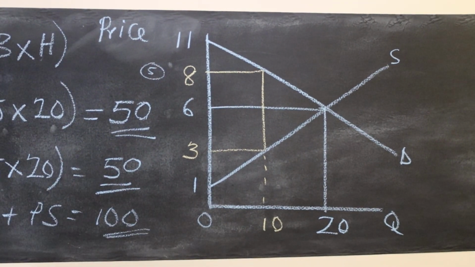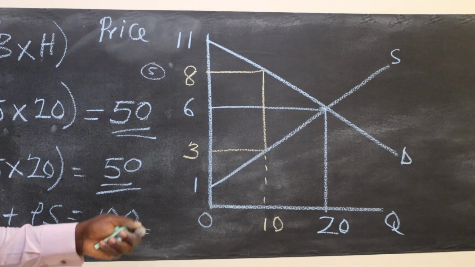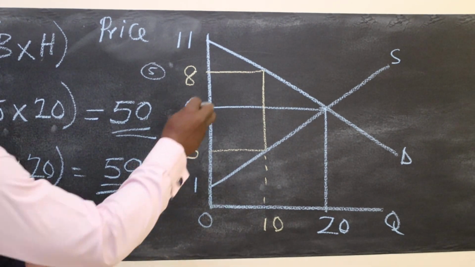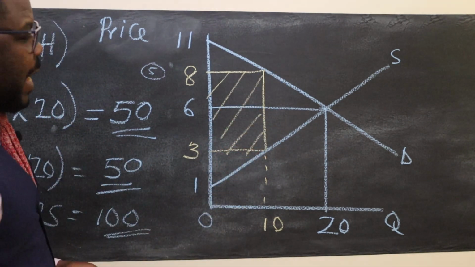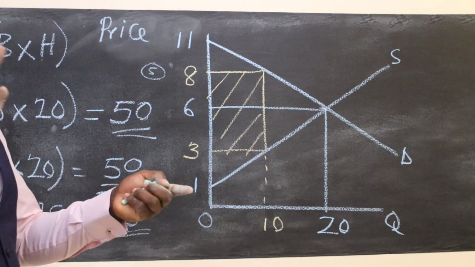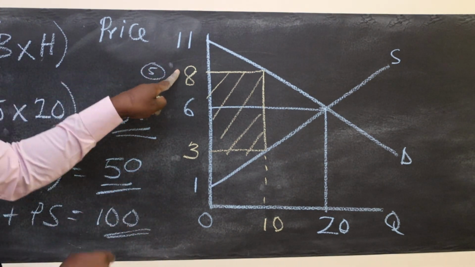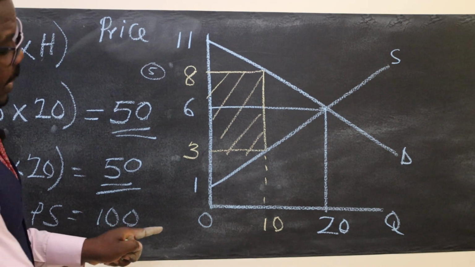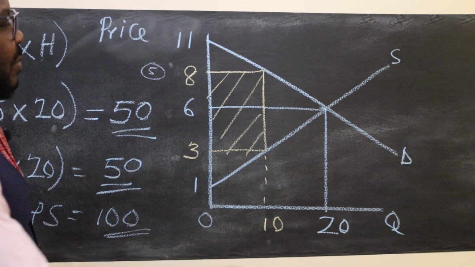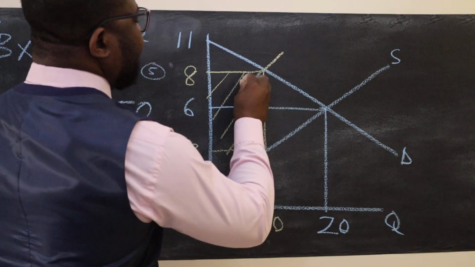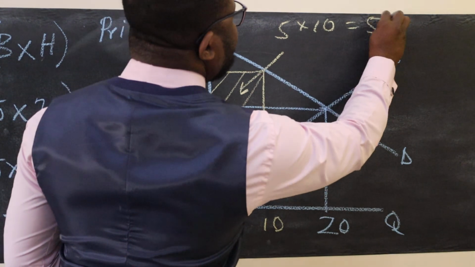If you have these numbers in your exam and you are asked to calculate the tax, it is going to be this area here. You can just take the distance from 3 to 8, which is 5, and take the distance between 0 and 10, which is 10. So the tax here is going to be 5 times 10, which is 50.